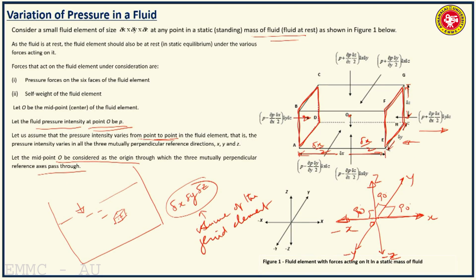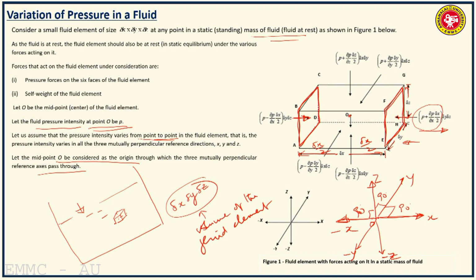So this is P minus dou P by dou x into delta x by 2, and this is P plus dou P by dou x into delta x by 2, because the pressure variation is positive here on the right side. This P plus dou P by dou x pressure intensity is acting in which direction? In the negative x direction, whereas this one is acting in the positive x direction.